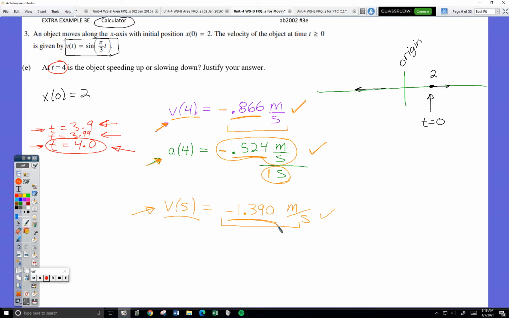Do you have to write it's speeding up or just show your work? Awesome. So what I have to write, points for Emmy, I have to show this. I have to tell the grader that I understand what the velocity is at time 4. I have to show the grader that I understand what the acceleration is at time 4.